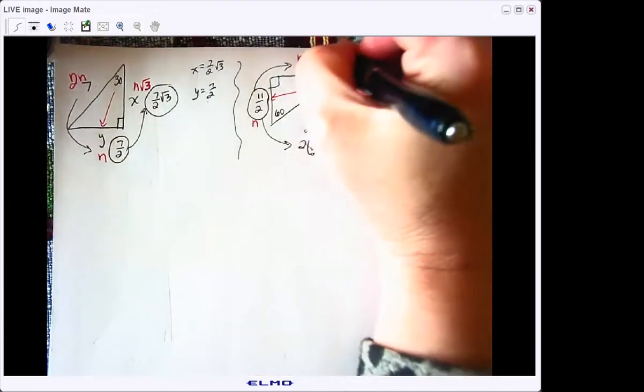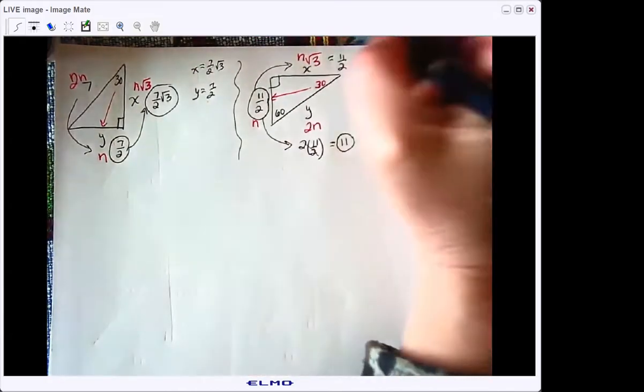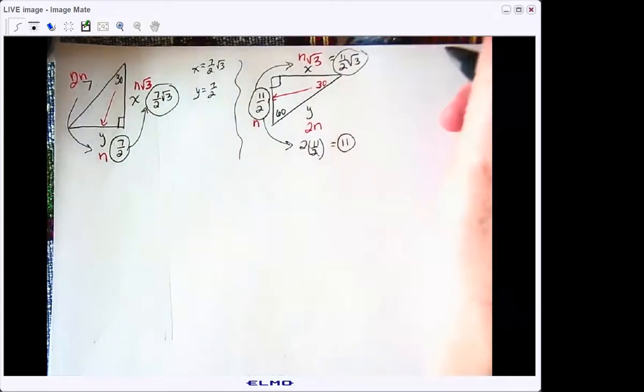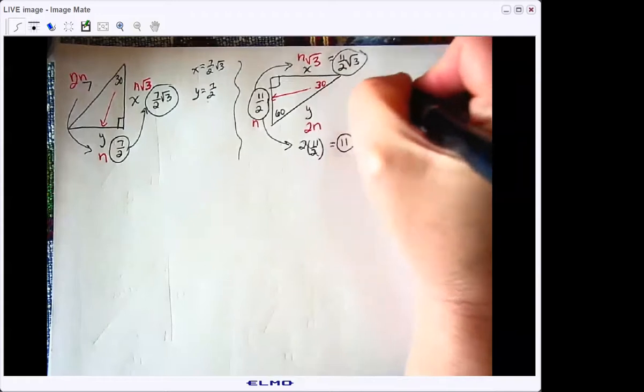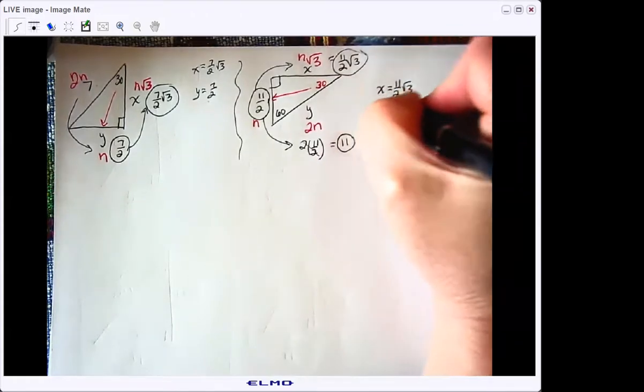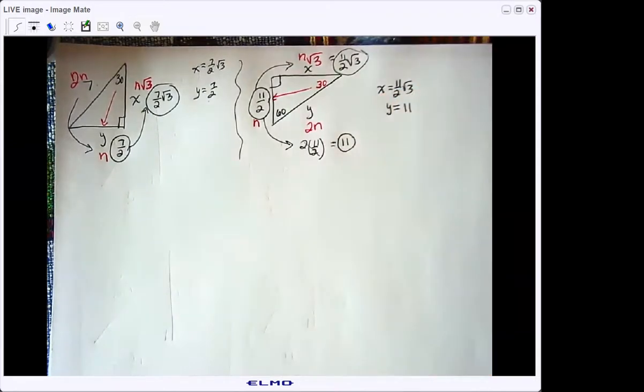This is simply going to be 11 over 2, because that's my n, with a root 3 next to it. We know that x is equal to 11 over 2 root 3 and y is equal to 11. So they're all using the same relationships. They just start to give us problems that aren't as easy.